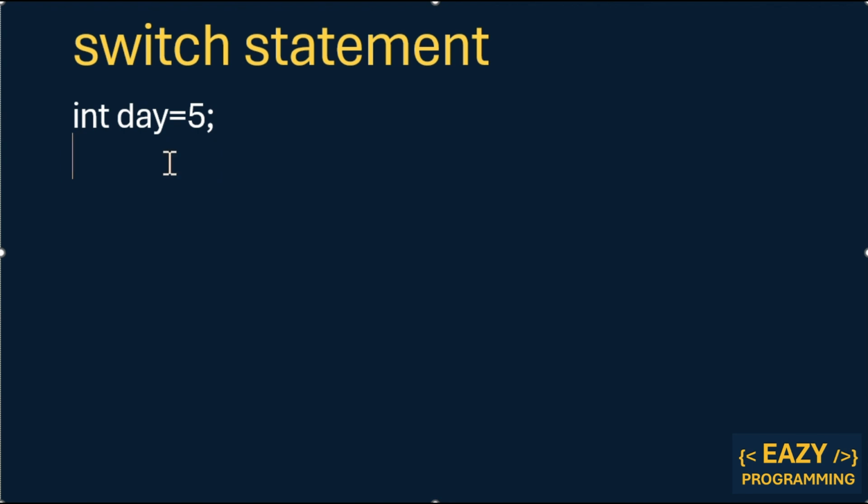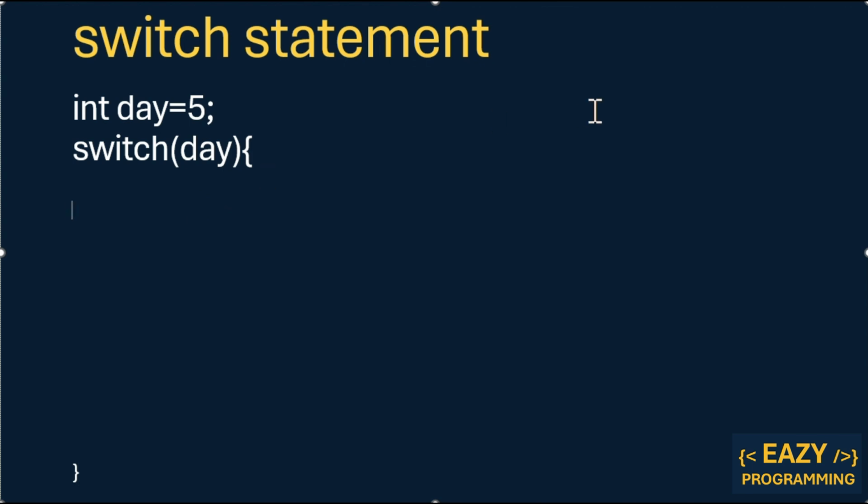Now I have to check whether this day is 1, 2, 3, 4, or 5, and print that it is 1, 2, 3, 4, or 5. So if I am writing int day 5, then I have to give this value, this day, inside the switch. Then I will start a block. Here I am opening a block and closing a block.